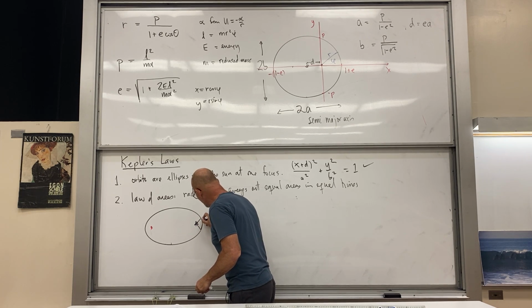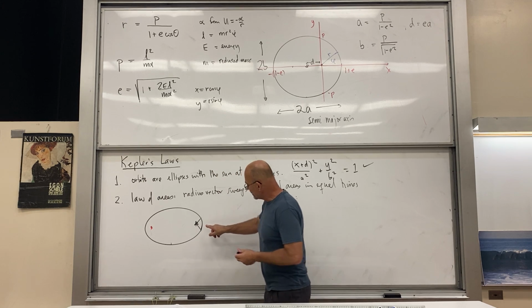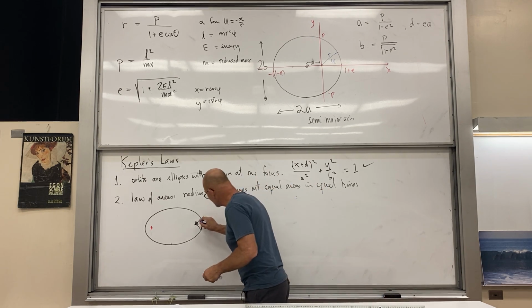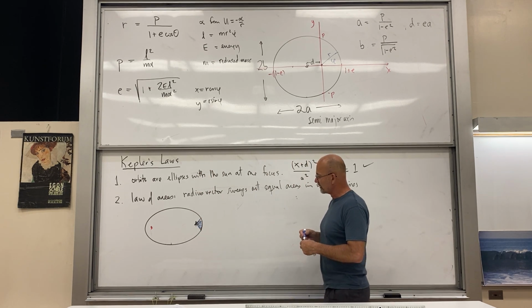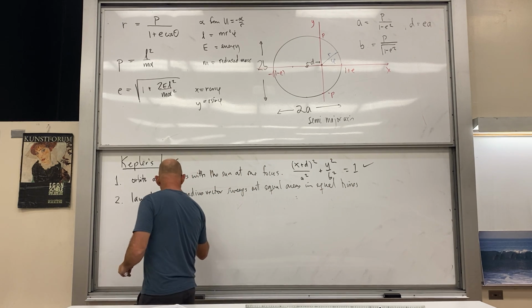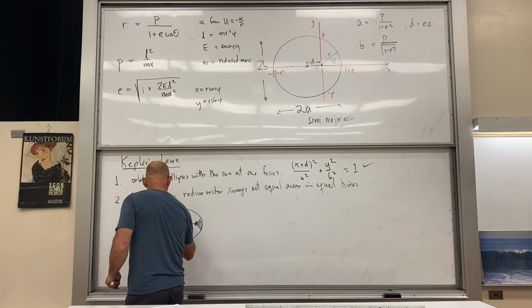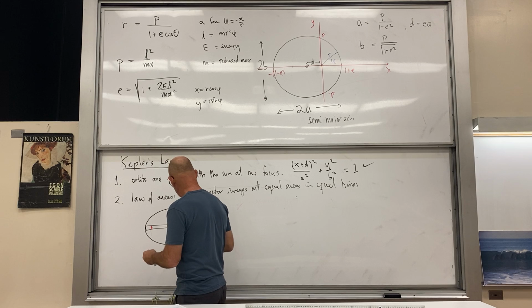So we're sweeping out a certain area. When we're really close to the central body, this area, which I'll shade in blue, represents a certain time. We'll take that same area way out here, and it's going to be a much smaller area that I'll shade.